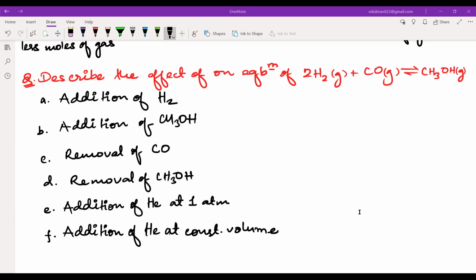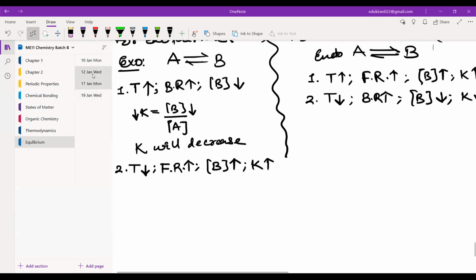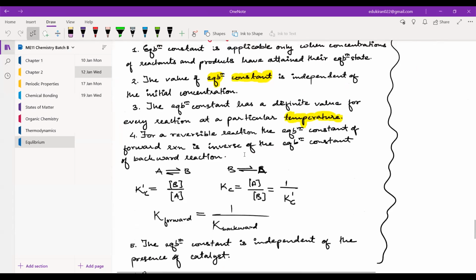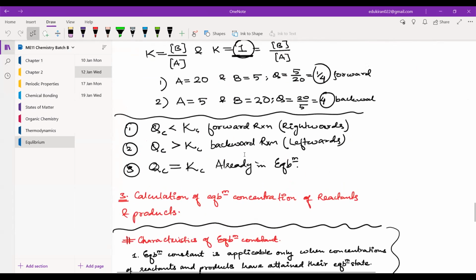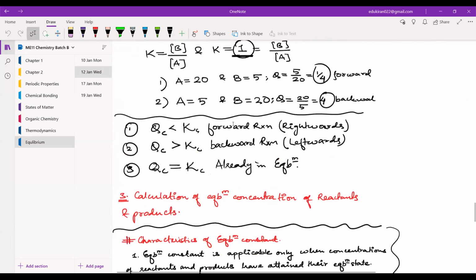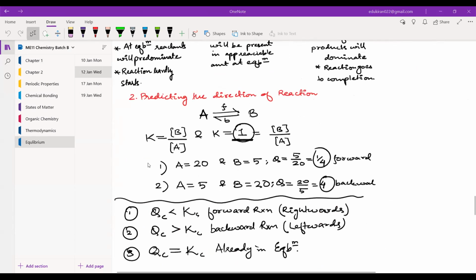Last Wednesday you were there. Yes, sir. So last Wednesday did we start chemical equilibrium? Yes, sir. We wrote a few pages. Yes, characteristics of equilibrium, forward reaction. Okay. Can you tell me about forward reaction and backward reaction or not? Yes, sir. You tell me.